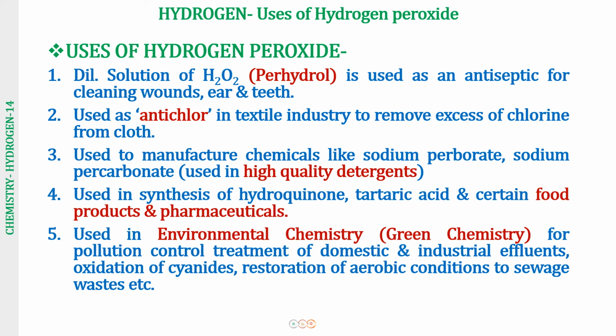So these are a few uses. Some of the uses we've already discussed while talking about the chemical properties. Combine all of them and you will get a complete list of the uses of hydrogen peroxide, a very, very important compound for us.